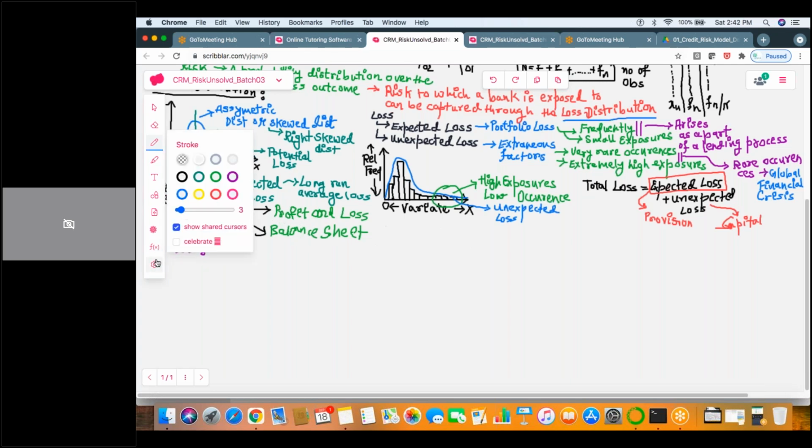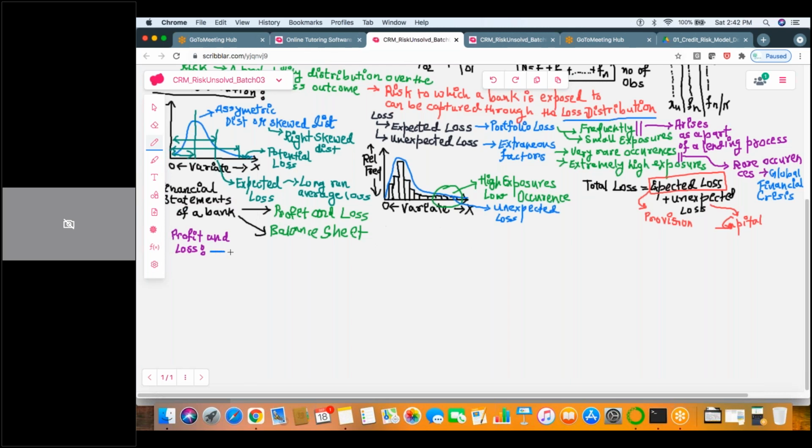It comprises of two parts. One is the income that the bank earns.